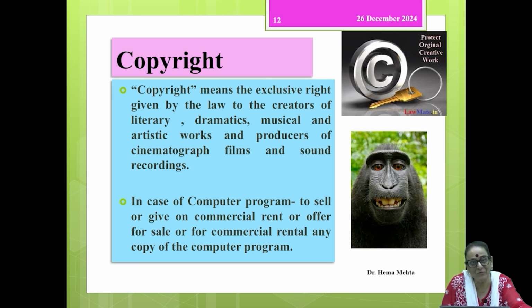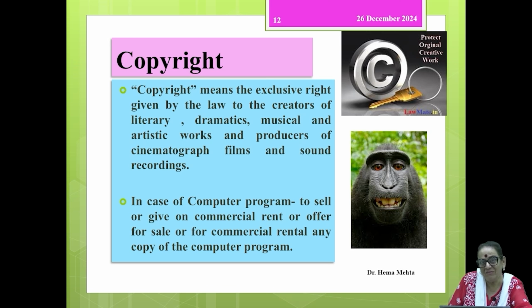In case of computer programs, the rights are exclusive with the person who has created that particular type of software or maybe hardware, and he or she has the right to sell it or give it for commercial rent, or offer it for use in some other computer programs itself.